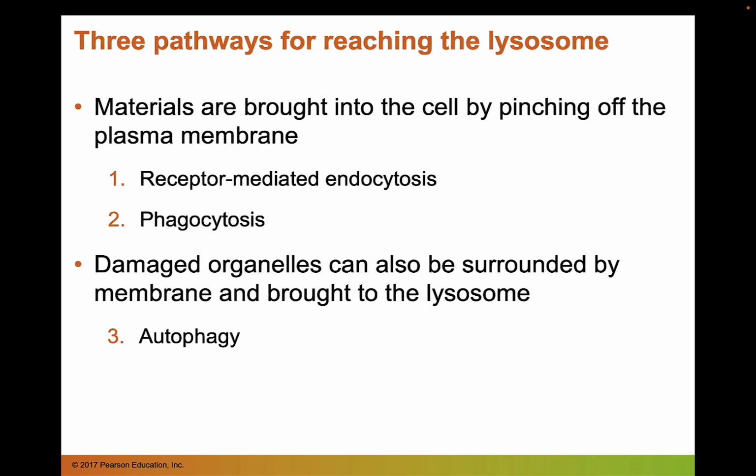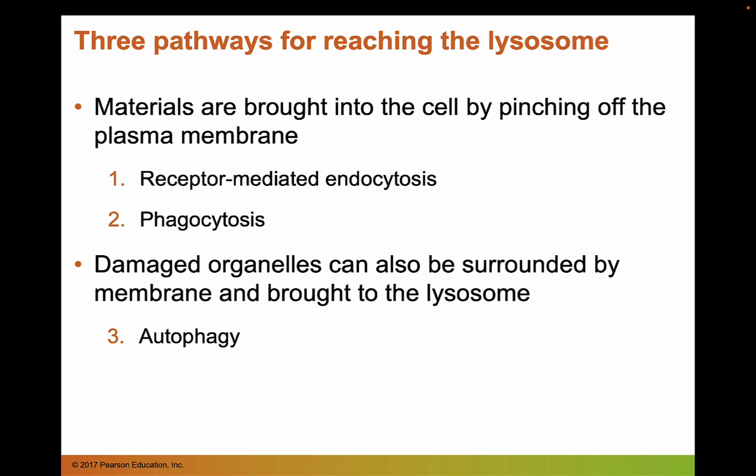So material is brought in one of these three ways. Material can be brought in by pinching off of the plasma membrane. This can occur when small things are taken up through endocytosis, and when large things are taken up, specifically something greater than 0.5 microns, that's called phagocytosis.